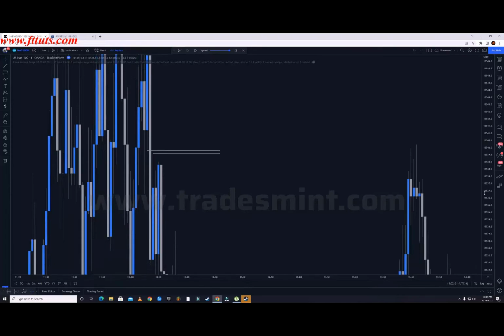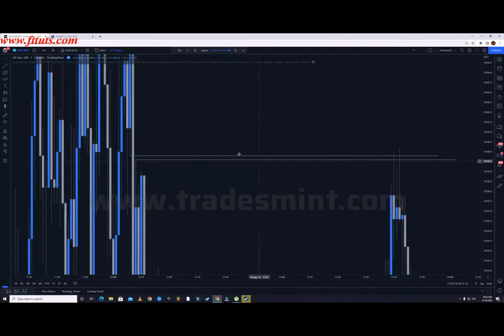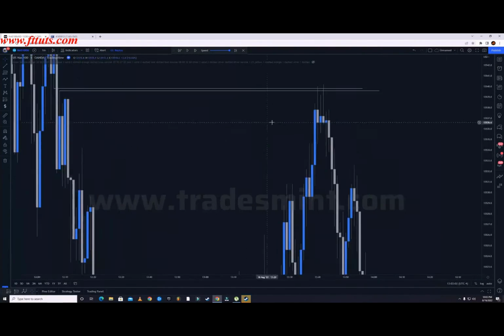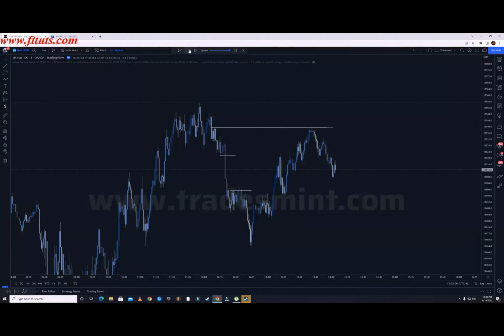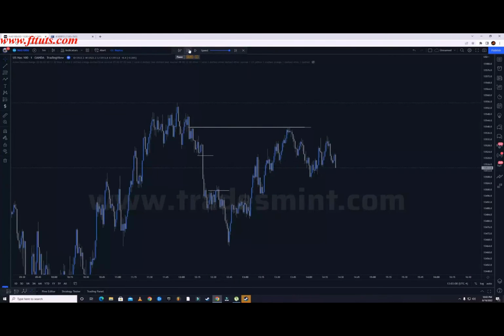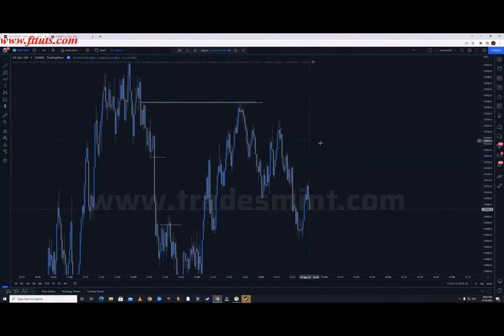If we draw this out, you can see how perfectly price filled the imbalance here, made the price fair, and then it went down, all the way down. Let me play this out for you. Yep, so it went all the way down.